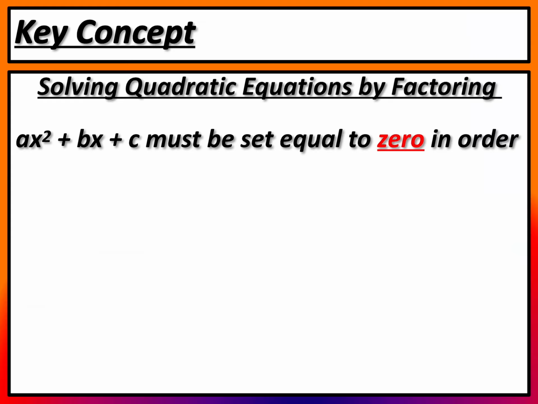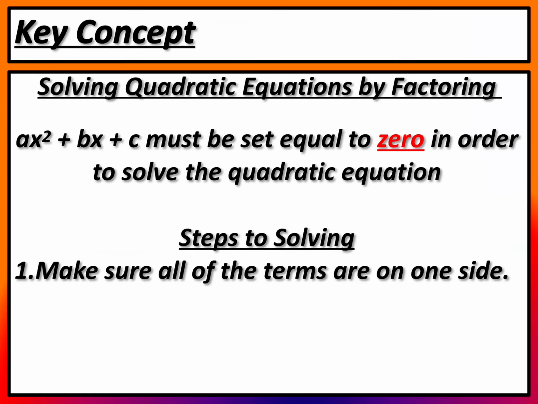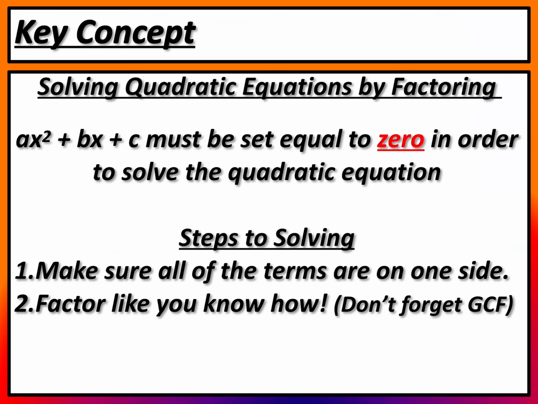So in order to do this, just like solve by graphing, the function had to be equal to 0. So that means we have to get all of the terms onto the same side of the equation. We're then going to use our methods for factoring. So remember, we always start with a GCF and then we check the number of terms.